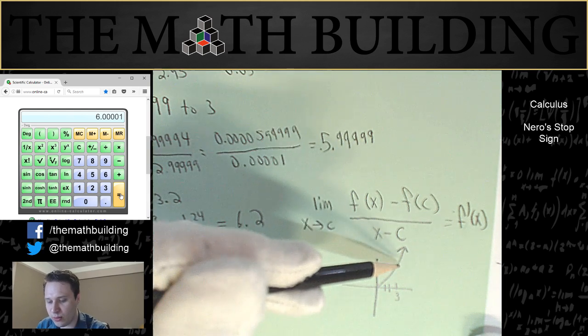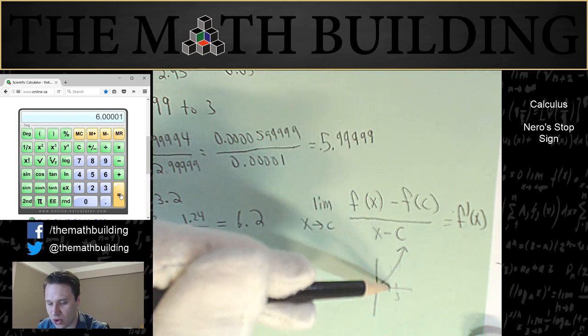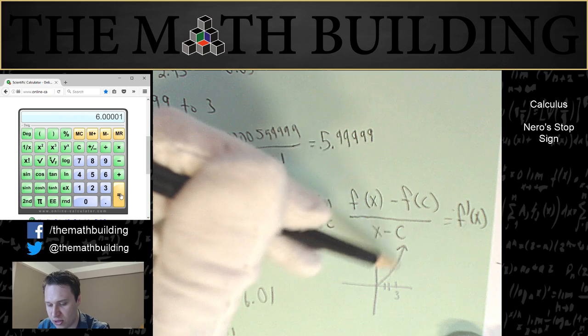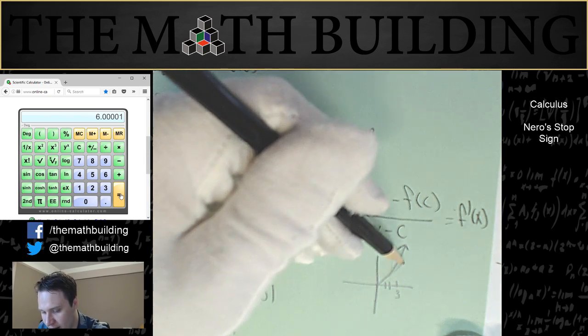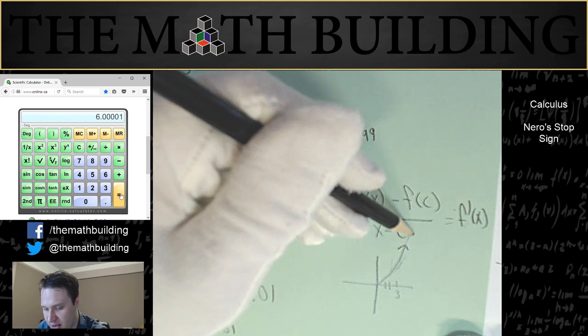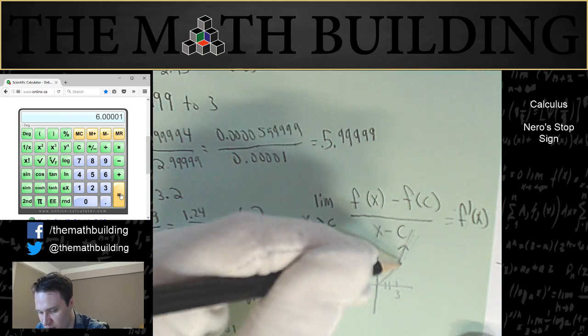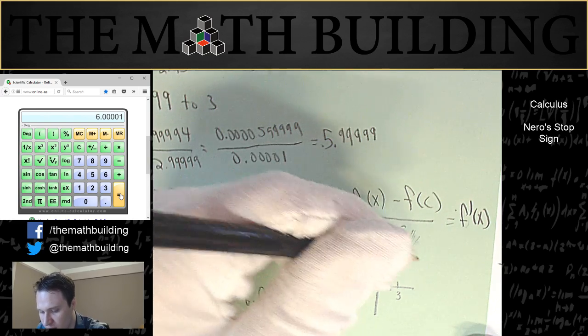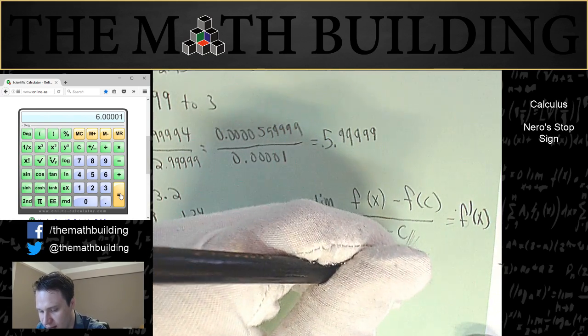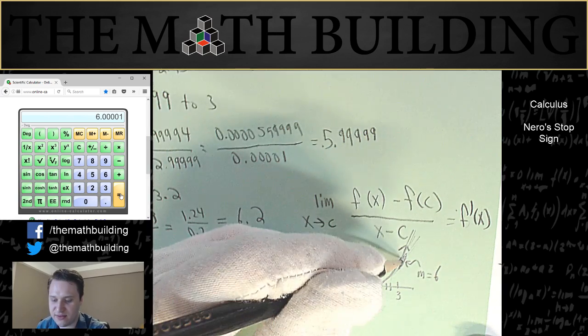And what we were doing was taking the average rate of change between these 2 points. And we saw that the speed was coming up and coming down from the other direction. And they converged to this tangent line right here that had a slope equal to 6.